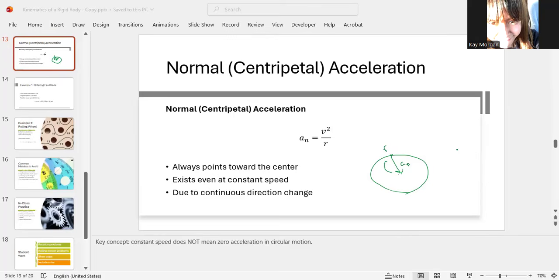So constant speed doesn't mean zero acceleration, especially where circular or rotational motion is going on. Normal acceleration always exists because the velocity vector is constantly changing direction as the object moves around the circle. If we have a constant change in direction, you get the normal acceleration, also known as centripetal acceleration.